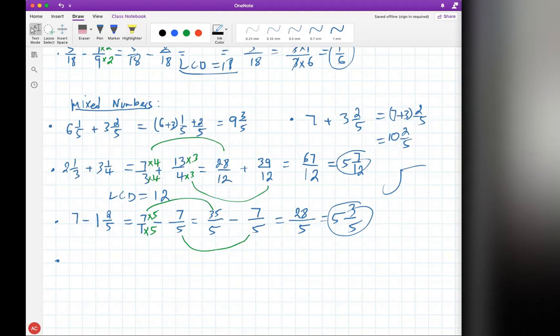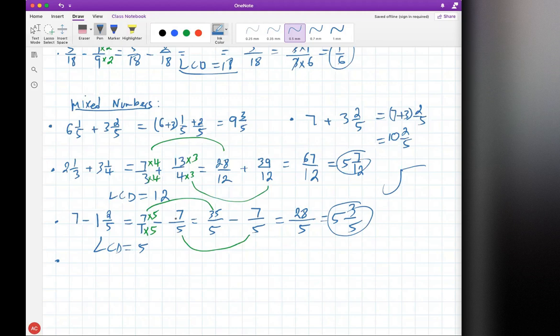Can you repeat what happened with the 5 next to the 7? Like 7 times 5 and then 1 times 5. How we got the 5? Because 5 is the common denominator, so we want to change both to the same.